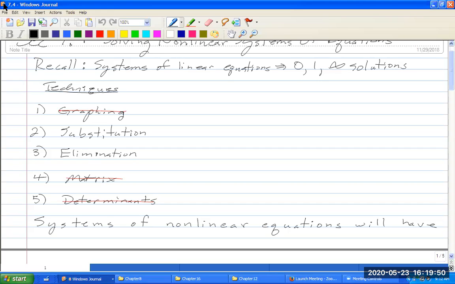And so basically, we don't use the graphing technique. Similarly, the matrix techniques and determinants are really not applicable for nonlinear equations. So we'll just eliminate those. But substitution and elimination, those are possibilities. So we can use those techniques.